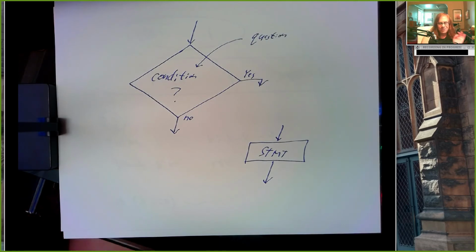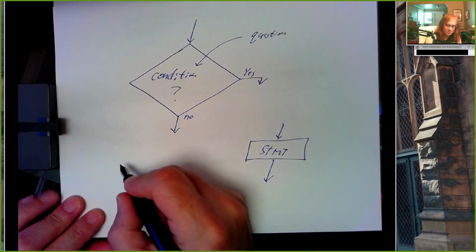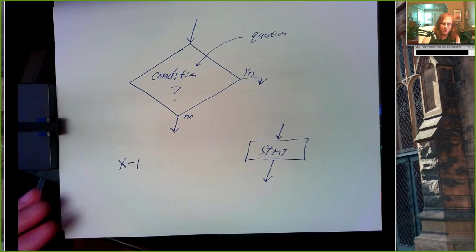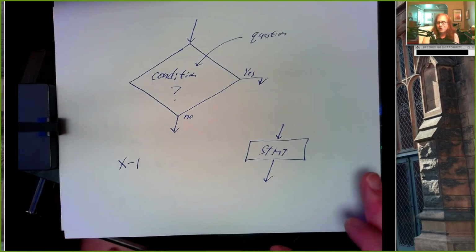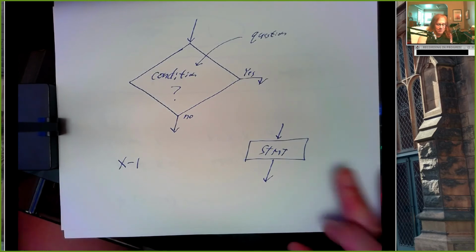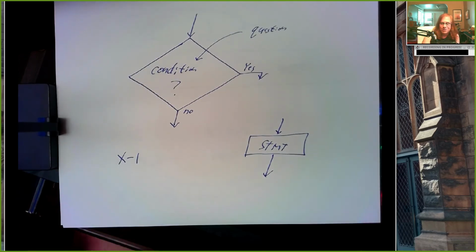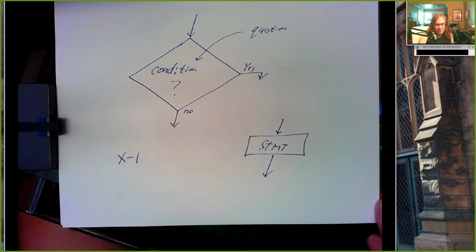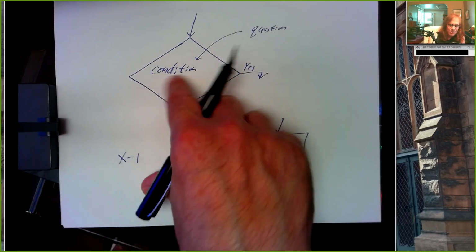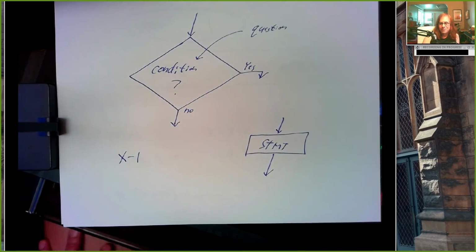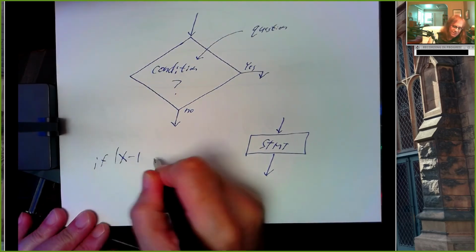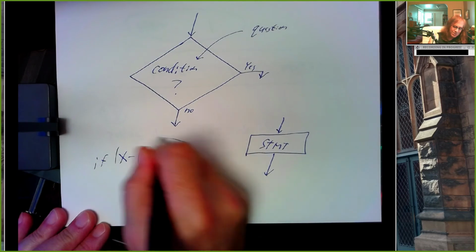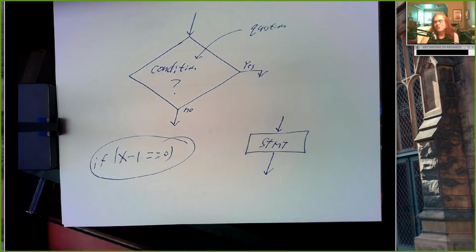And so I'm seeing some things in here like x minus 1. Well, is x minus 1 a question? Can you answer x minus 1 with yes or no? It's an operation. So you wouldn't want to put x minus 1 in here. And you wouldn't want to put something like if x minus 1 equals 0, because that's not a question.